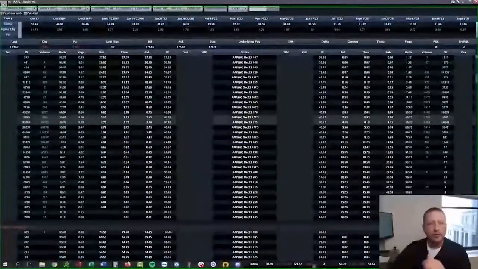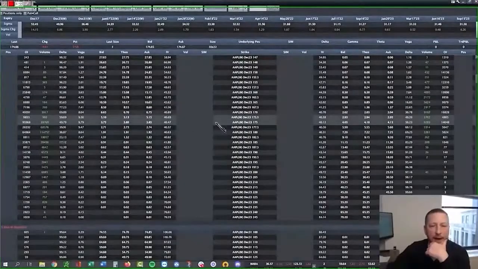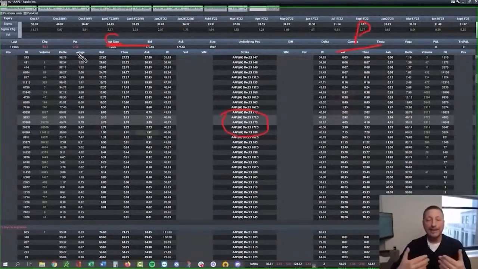And we're going to look at these options again here. The 175 calls are on this side, puts are on this side. Now, one other thing to understand about volatility, about vega, is the vega of an option is the exact same for both a call and a put at the same strike at the same expiration.